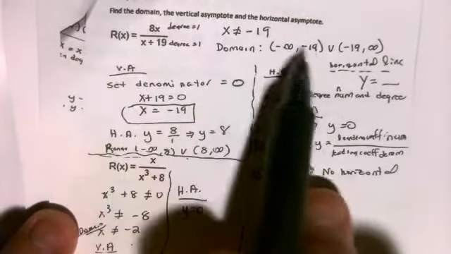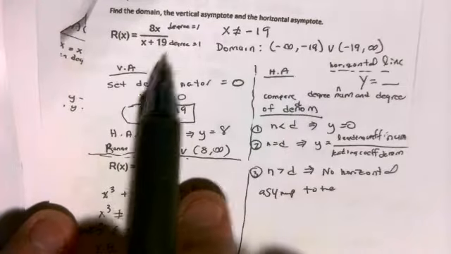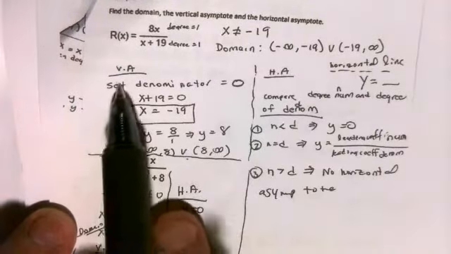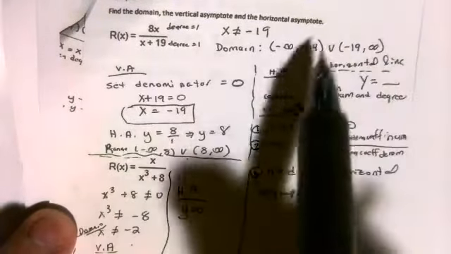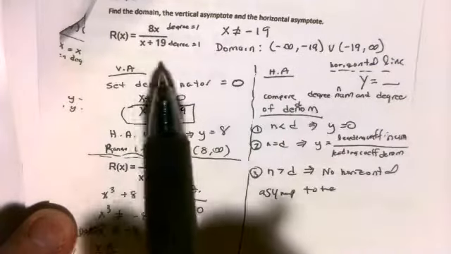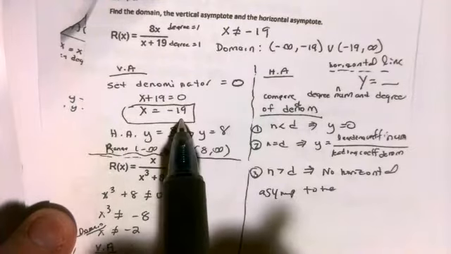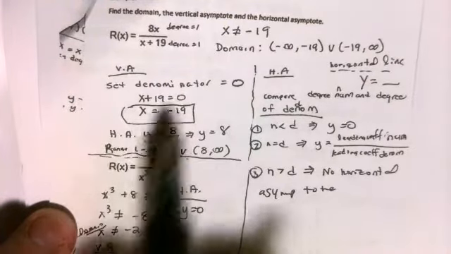Well, the domain is x can't be negative 19. And so that's how you write it out in interval notation. Now, the vertical asymptote is this value that x can't be, the negative 19. So it's whatever makes the denominator equal to 0. And so that's negative 19.